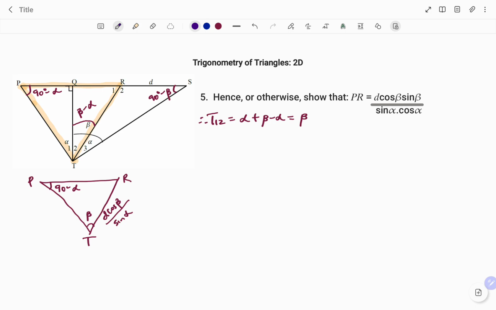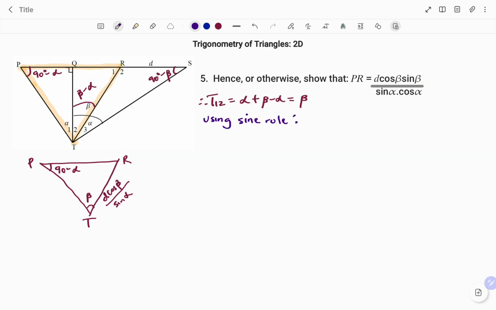So using the sine rule, we have the line PR over sine of the angle facing the line PR, that's sine of angle beta, equals the ratio of RT over sine of the angle facing the line RT, the sine of 90 degrees minus alpha.